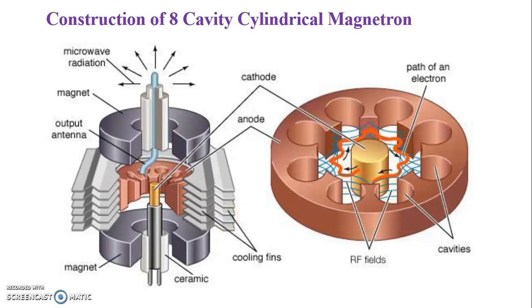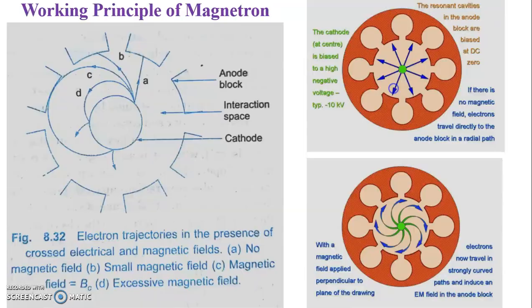To understand the operation of the cavity magnetron, we must first look at how the electrons behave in the presence of crossed electric and magnetic fields. Depending on the relative strength of the electric and magnetic fields, the electrons emitted from the cathode and moving towards the anode will traverse through the interaction space as shown in this figure.